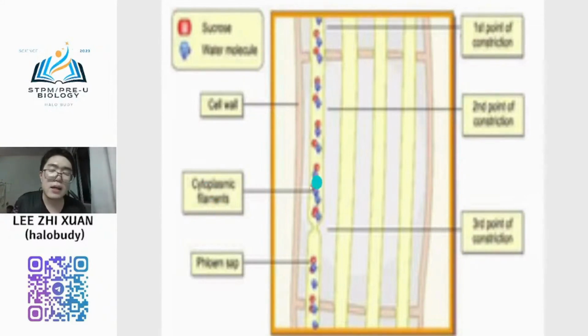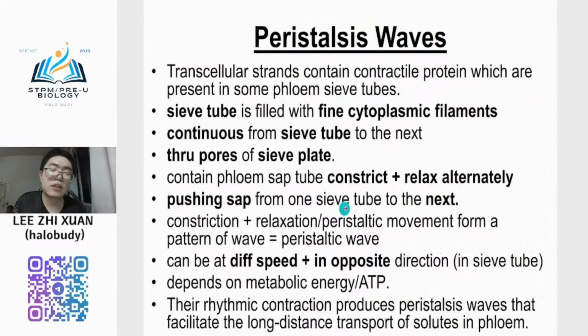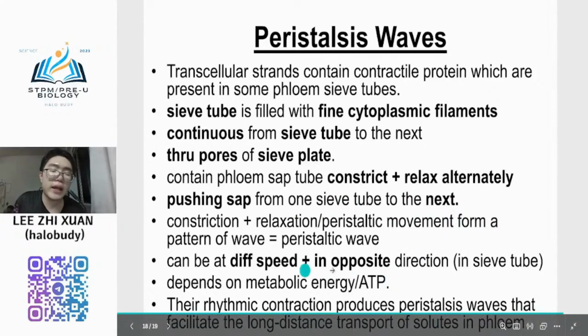Between these cytoplasmic filaments, there will be contraction and relaxation. The cytoplasmic filaments can constrict and relax, like human muscle. So this will push the phloem sap from one sieve tube to another sieve tube. This process also requires energy, because it works in the opposite direction, depending on metabolic energy and also ATP.